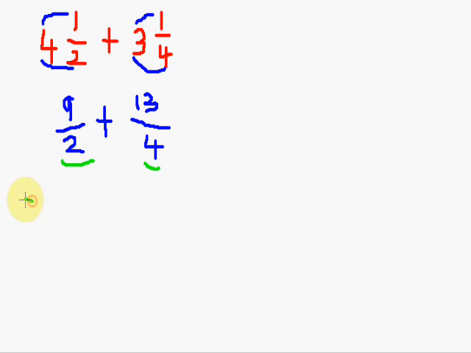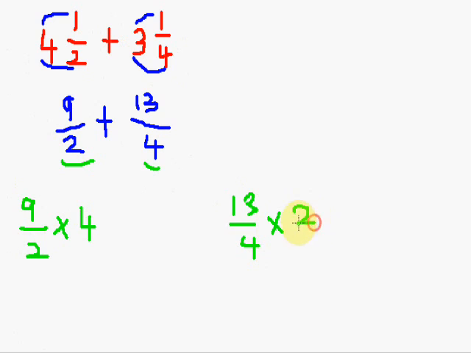Again we have a situation where the denominators are different, so what we're going to do is multiply 9 on 2 by 4, which is the denominator of the other fraction, and then we can do the same thing with 13 on 4, where we're going to multiply it by the denominator 2 in the other fraction. So let's do that now.